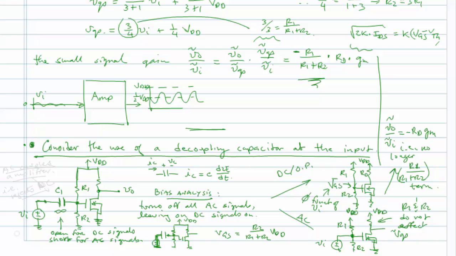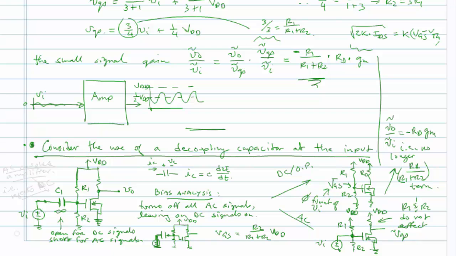Now, what's the drawback of this type of setup? The drawback is that now this is an AC amplifier only. If you were to put in a DC voltage at VI, the amplifier would not amplify it, because at some point that capacitor will finish being charged and no more current will flow, and so the circuit to the right of the capacitor will no longer have any visibility to whatever DC voltage you're applying on the left from VI.